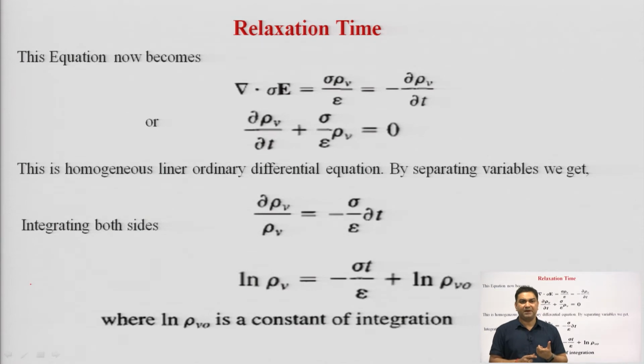When we write this kind of equation, this is a homogeneous linear ordinary differential equation, and by using the separation of variables, we get d rho v upon rho v is equal to minus sigma upon epsilon dt. Now, we can integrate both sides, and we get ln rho v is equal to minus sigma t upon epsilon plus ln rho v naught, where ln rho v naught is the constant of integration.